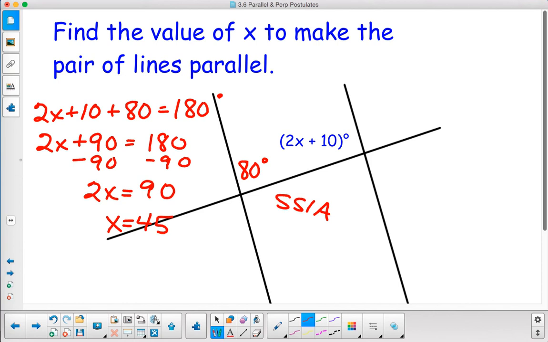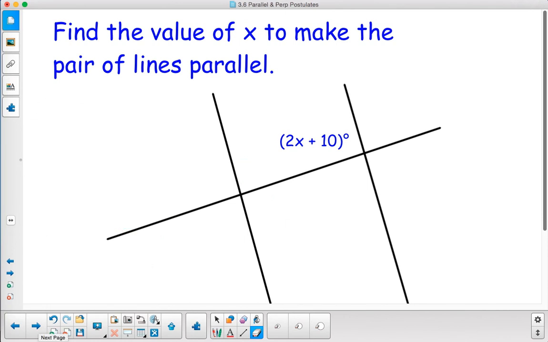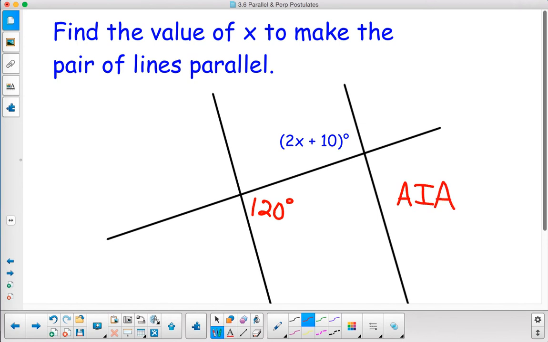I'm going to use this same example and move my angle to another position. Okay, so I'm going to get rid of that part. And now I'm going to put an angle right in here, and let's say it's 120 degrees. These are alternate interior angles. They have to be congruent. So this time I would set them equal.